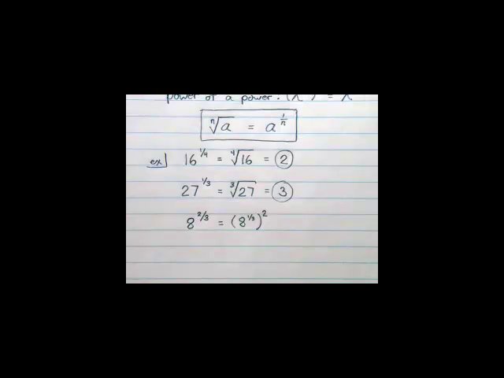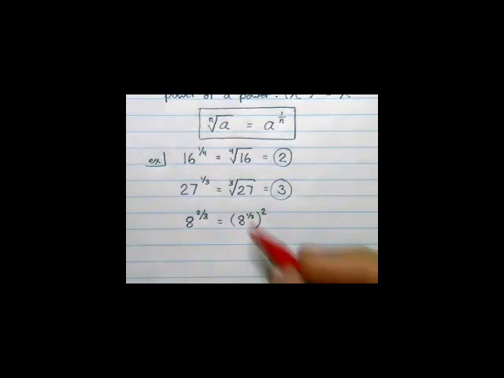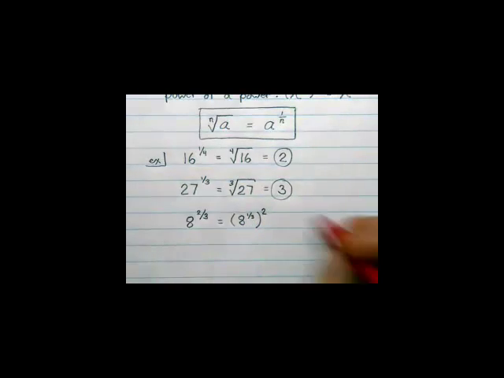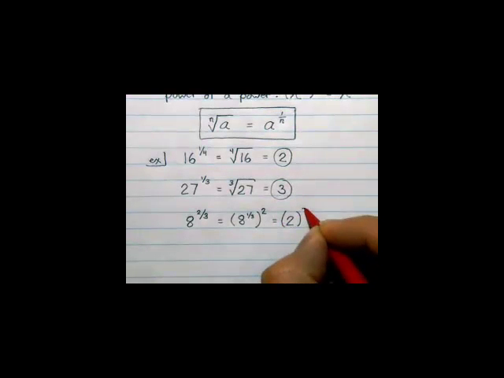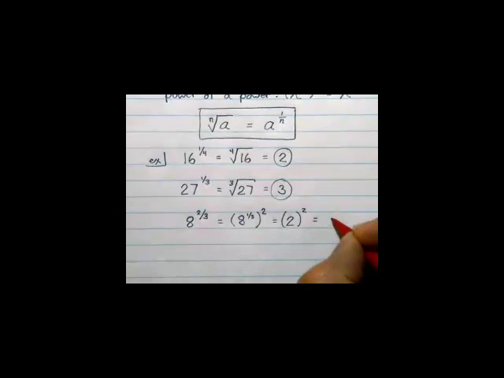It's a cube root. And then we just have to take that answer, cube root of 8, whatever that is, and square it. So, what is the cube root of 8? 2, right? 2 times 2 times 2 is 8. So it'd be 2 squared, which is 4. Yeah, good.